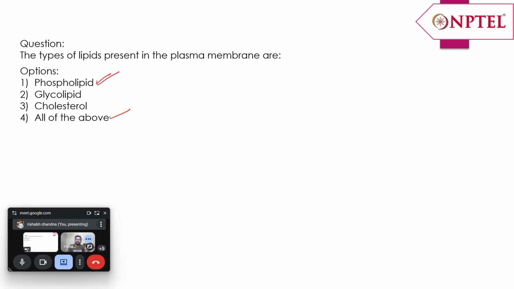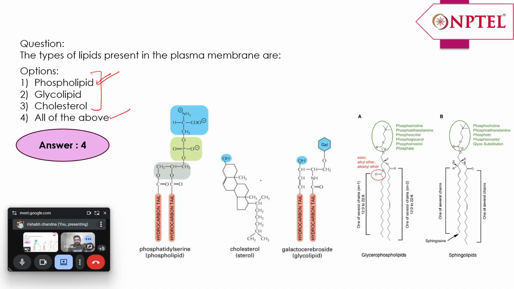So yes, the correct answer is option 4. That means all these lipids are basically part of the plasma membrane. Okay. So as I've explained before also, this is the phospholipid, this is a cholesterol, and this is a glycolipid. Okay. So all of them are part of the plasma membrane or the cell membrane.